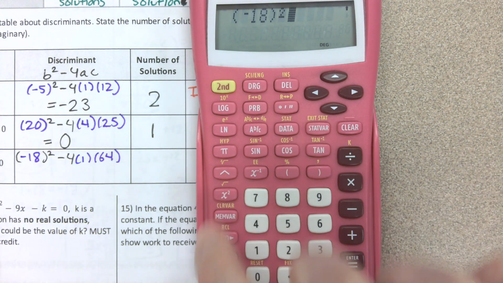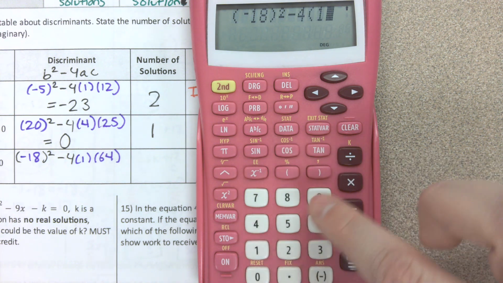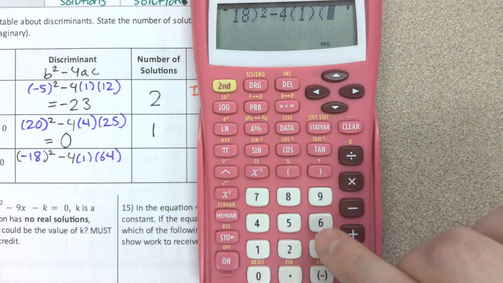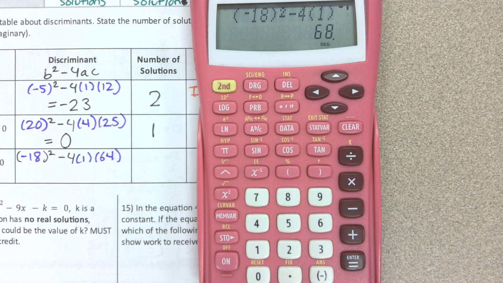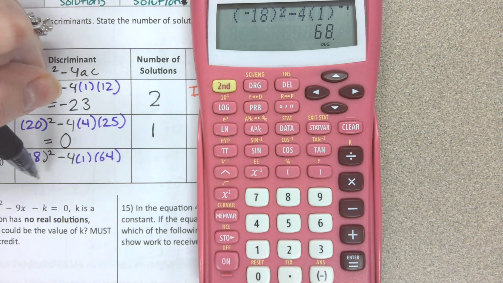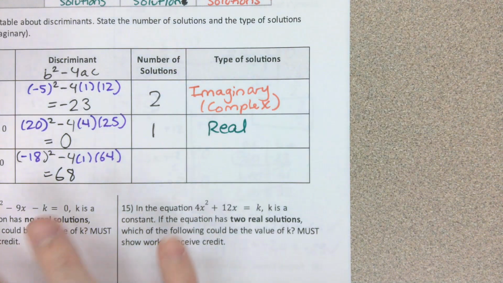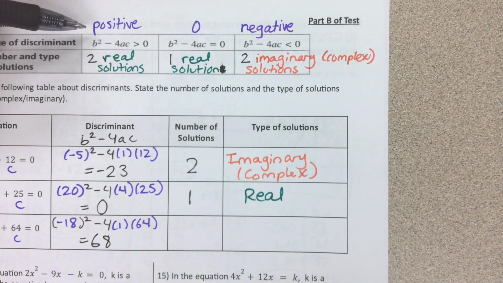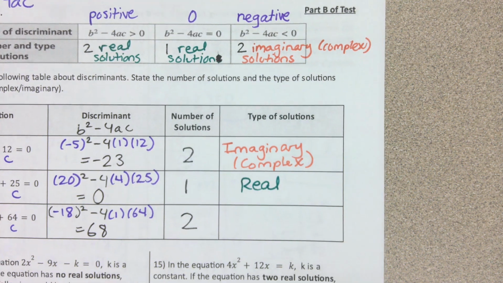Negative 18 squared minus 4 times 1 times 64. And we got 68. So this is positive. Positive has 2 solutions and they're real.